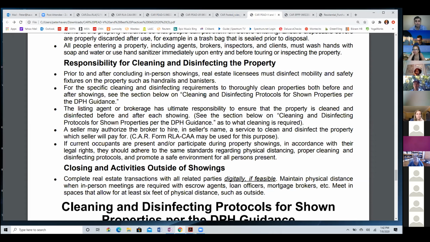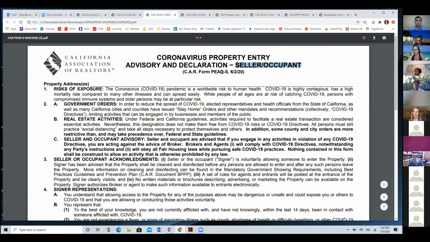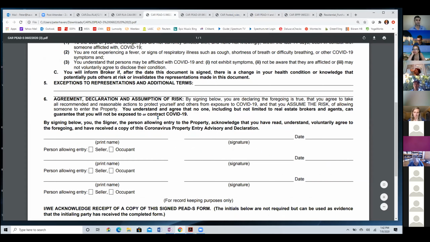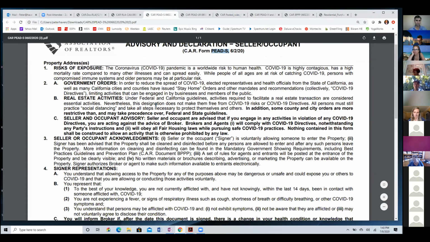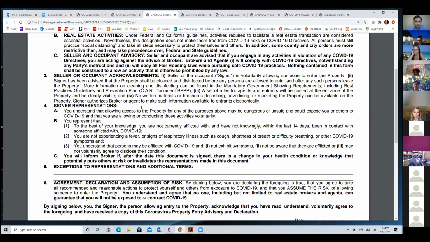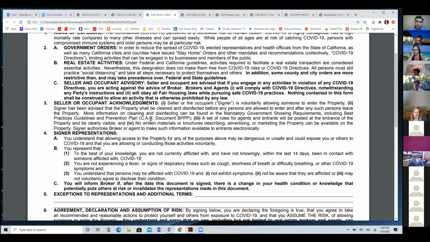Peter, in reference to that PEAD-S that you just talked about between a listing agent and the seller, should we be getting a newly signed PEAD-S every 14 days? Well, just to be clear, the PEAD-S is a representation by the seller.